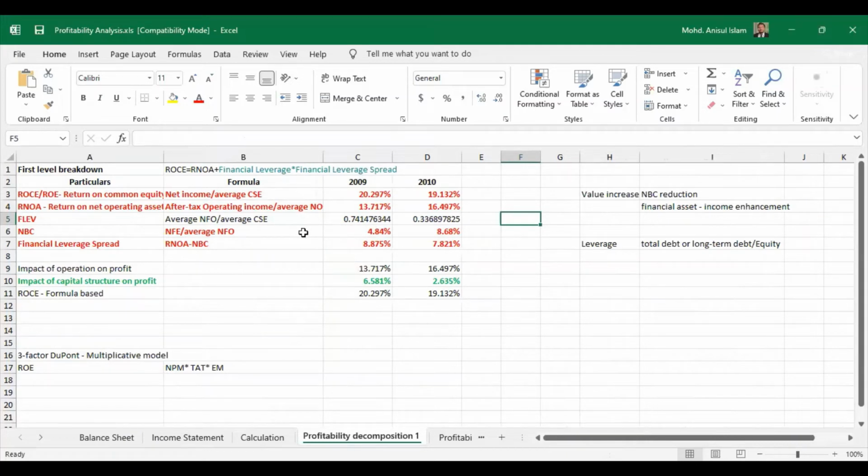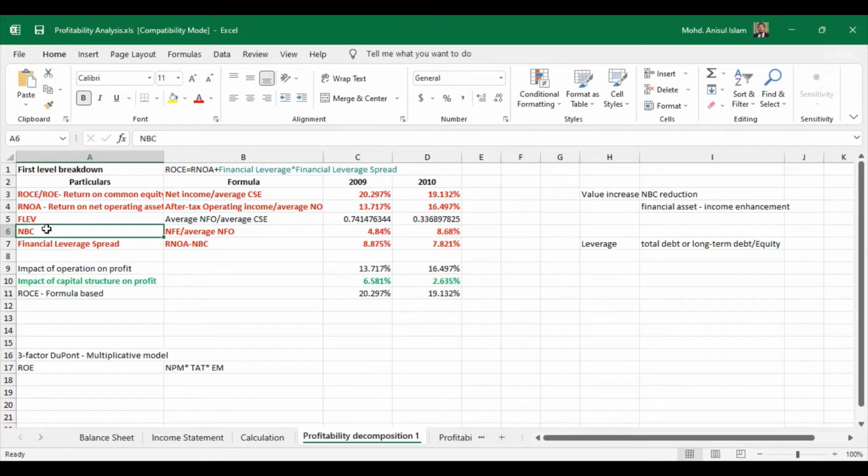Okay. Now, to measure the impact of the leverage, we need to estimate the net borrowing cost. Can you recall that we measured the net borrowing cost? We measured the net borrowing cost, but in dollar term.